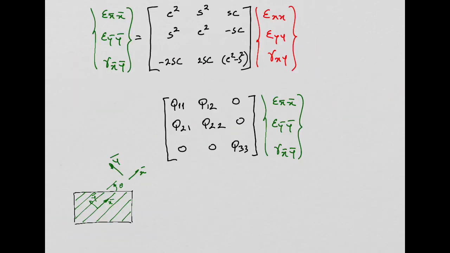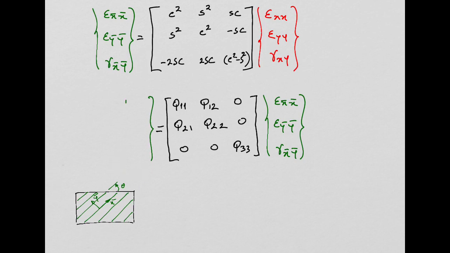So what I will obtain here is my stress field: sigma x bar, sigma y bar, tau x bar y bar. We can say this is the first step: from a given strain in the global coordinate system, I do just a strain transformation to get the strain in the lamina coordinate system, the one in green.